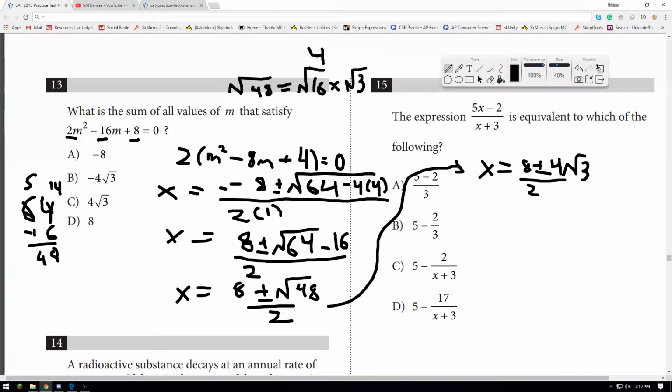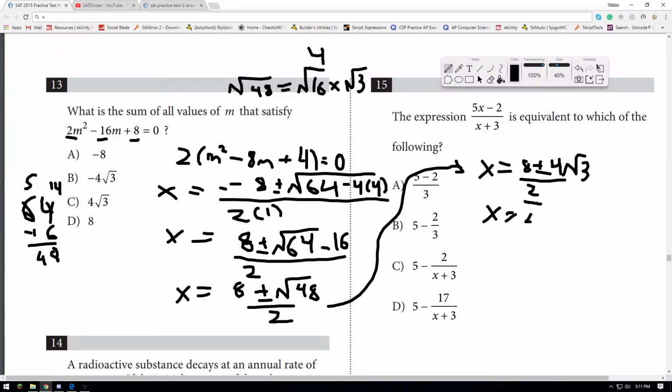So they're asking us what is the sum of all the values of m that satisfy this. So we have to simplify this because they all have a GCF of 2.